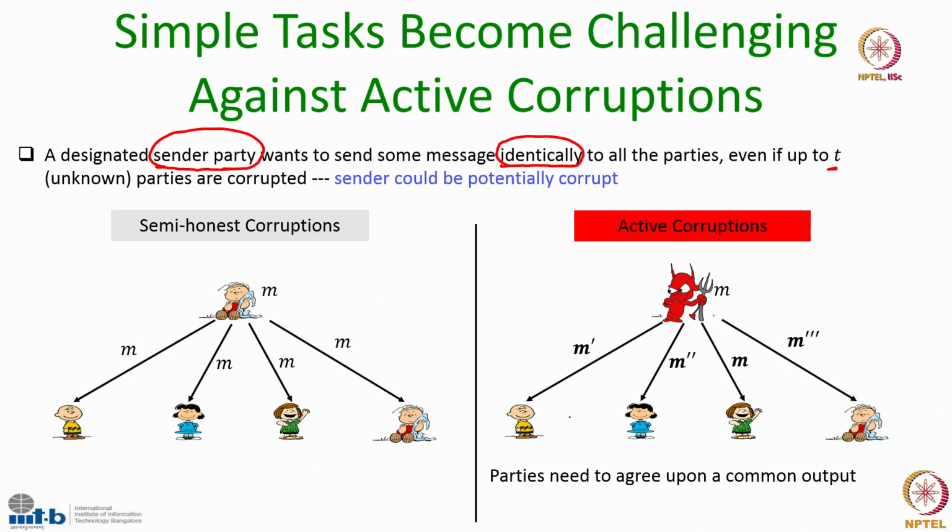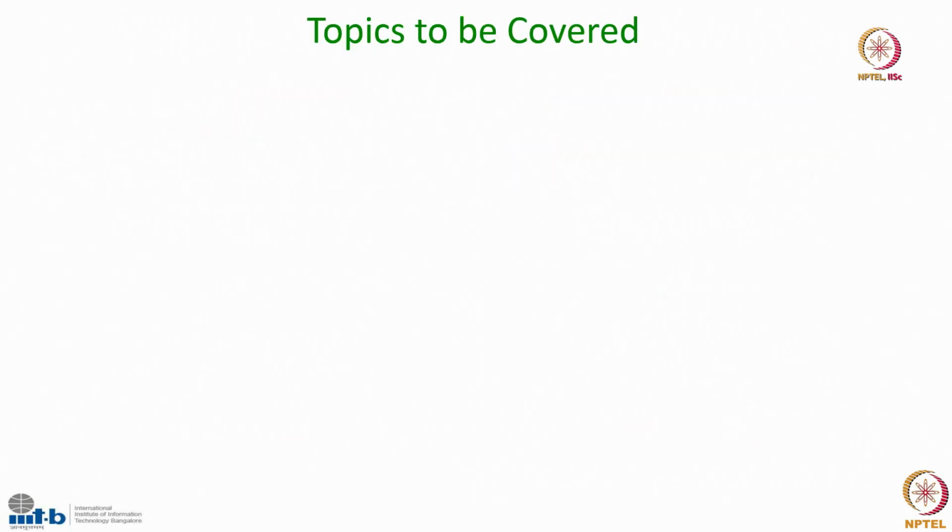So, this simple looking protocol simply fails here, and on top of it we require additional mechanisms which should allow the parties to agree upon a common output. So, even a simple task of broadcasting a message becomes non-trivial when we go to the active corruption model.